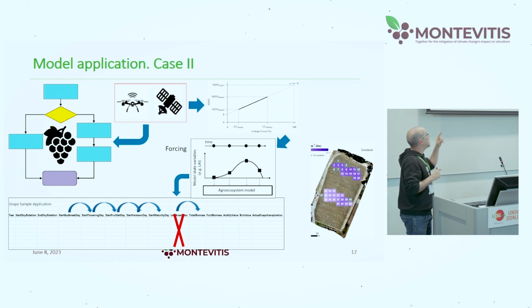And then here we will not have the simulation of a single point in the vineyard, we will have many points inside the vineyard, because in this case the Sentinel image is at 10 meters.